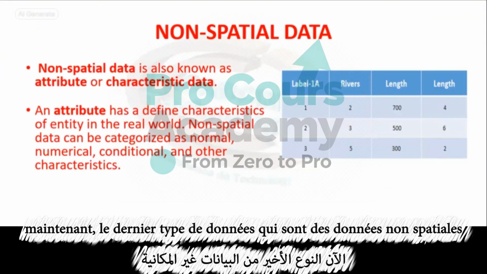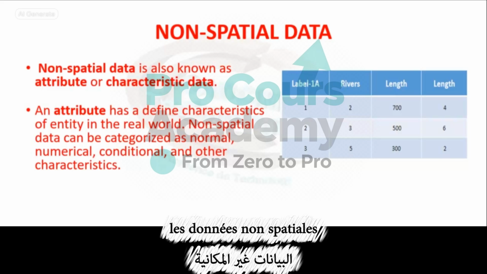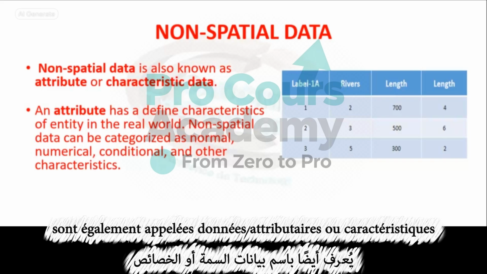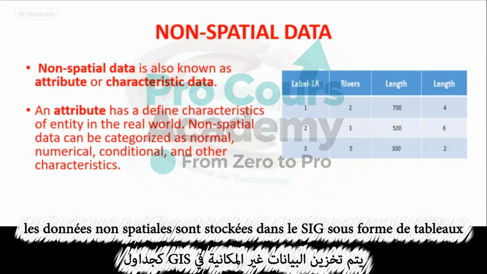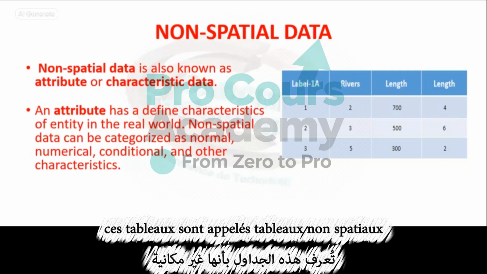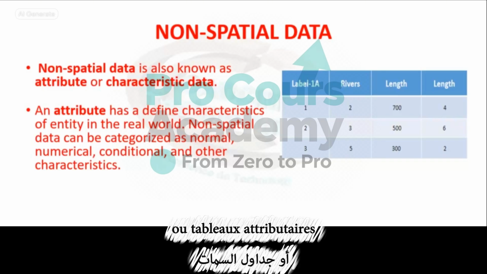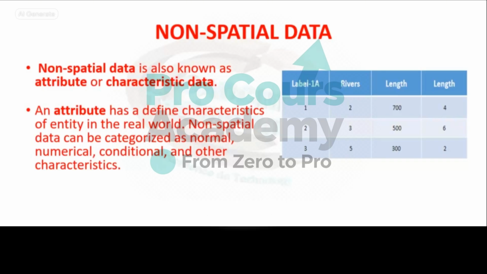Now, the last type of data is non-spatial data. Non-spatial data is also known as attribute or characteristics data. Non-spatial data is stored in GIS as tables. Such tables are known as non-spatial or attribute tables.